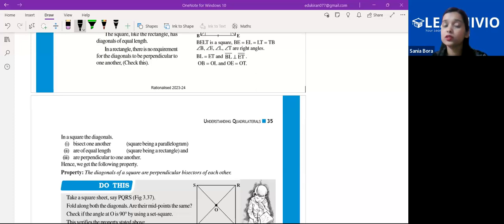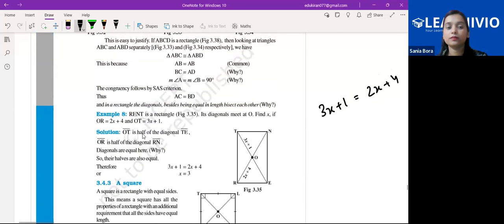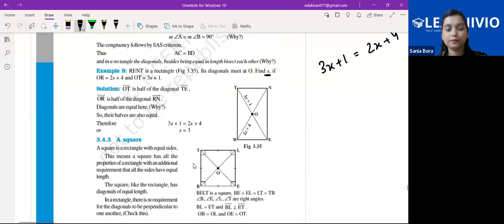You have to put the substitution only if needed. We got x as 3, right? So should we multiply 3 into 3 plus 1, like should we solve the equation? The question only says find the value of x. In case they ask you to find the value of a diagonal, OT, then you will put the value. Clear? Okay.